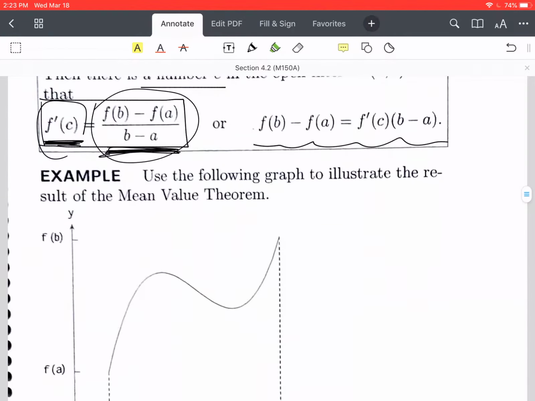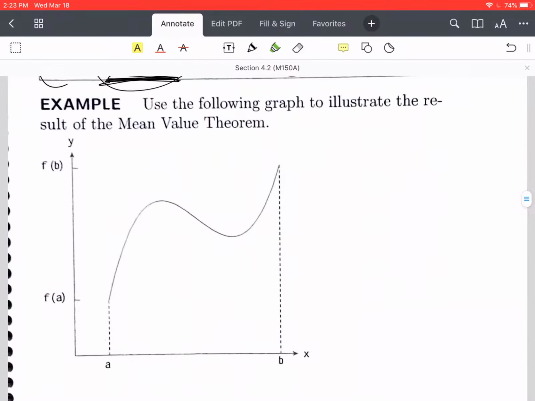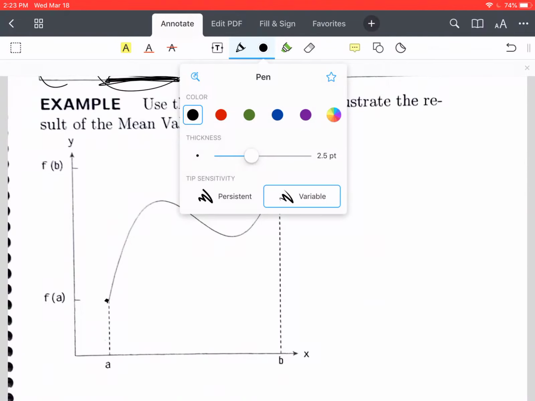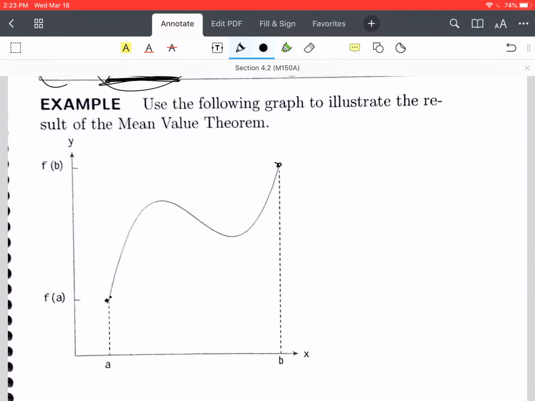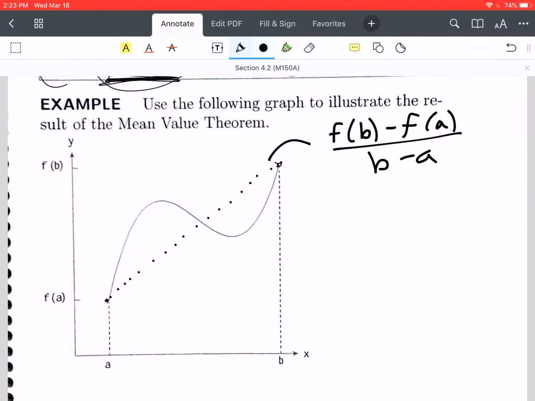Graphically, the average rate of change would be connecting a to b. So we're looking at something like this. The slope of that line would be f of b minus f of a over b minus a.